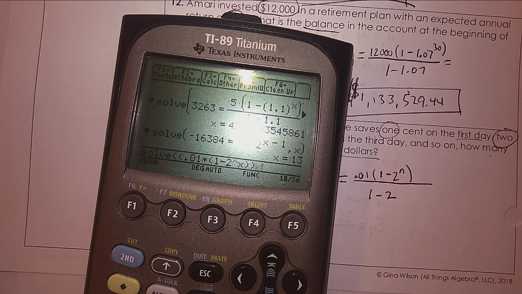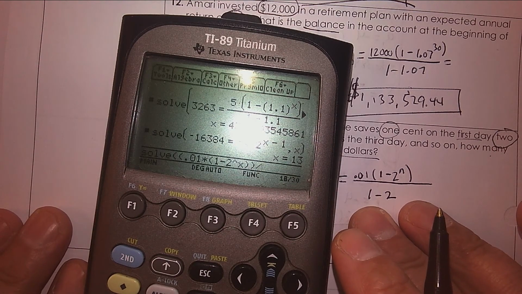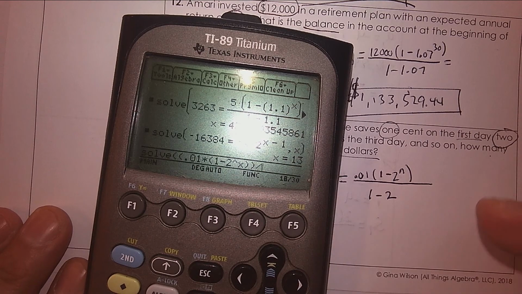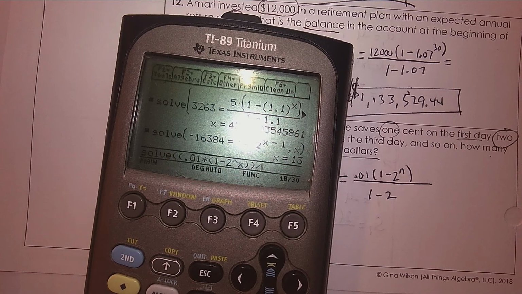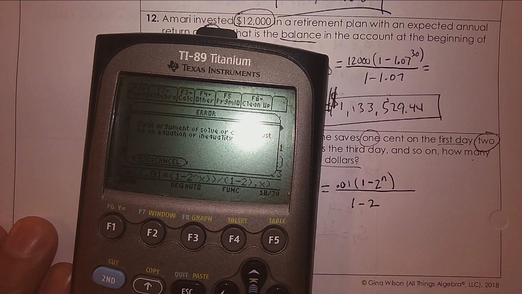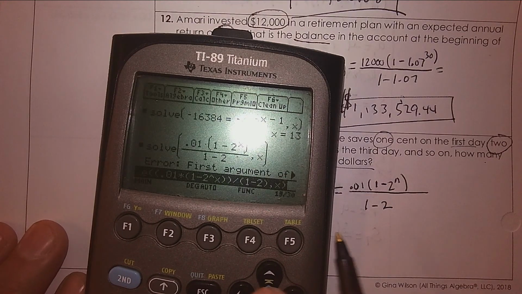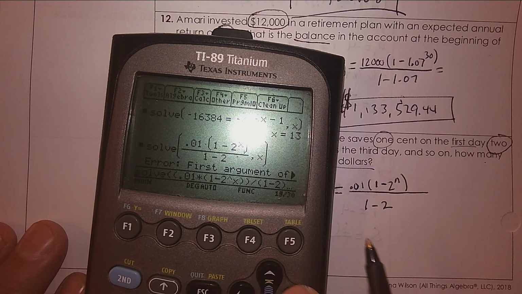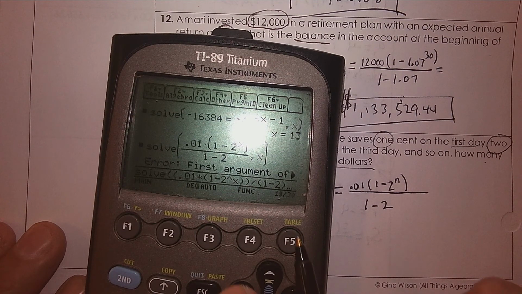So look what I'm typing in. Did you type in exactly what I'm typing in? What did I do? I did the same thing. Oh, I put in parentheses.